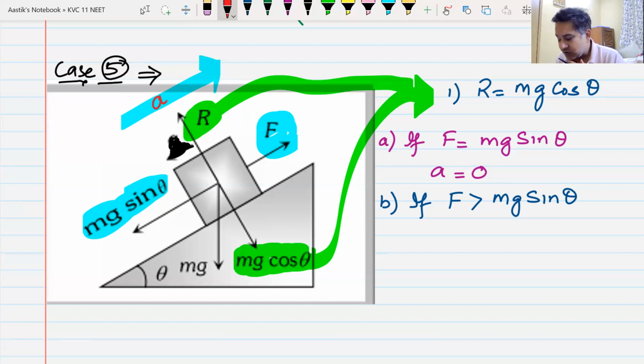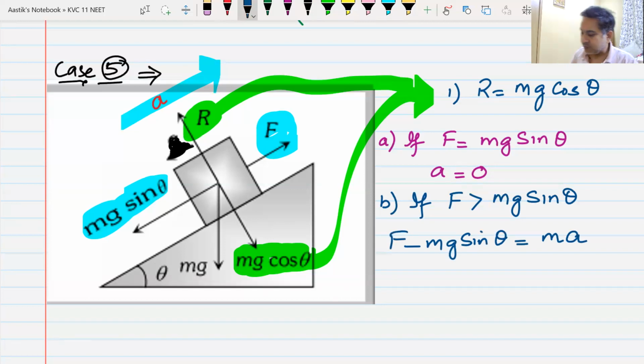What will be the equation of this block? It is moving upwards. The upward force is F minus the downward force mg sin theta. So upwards minus downwards would be equal to m into a. Do we understand this?